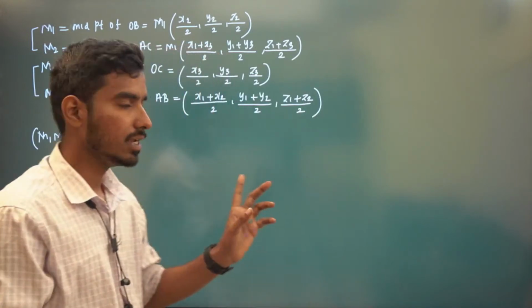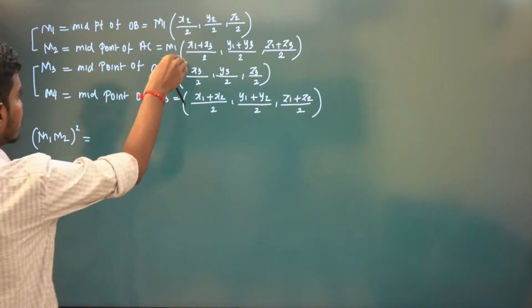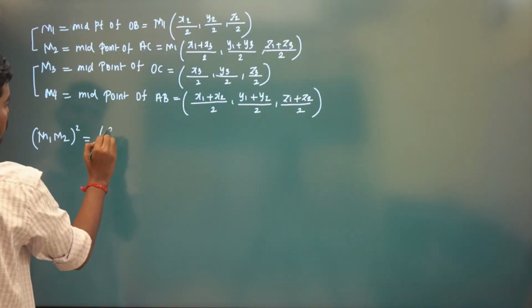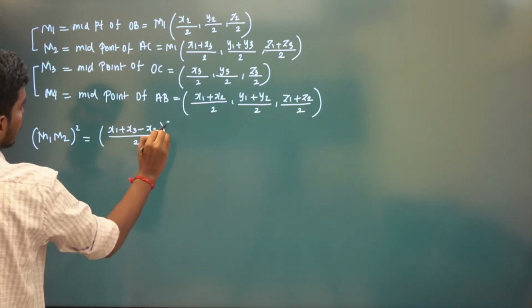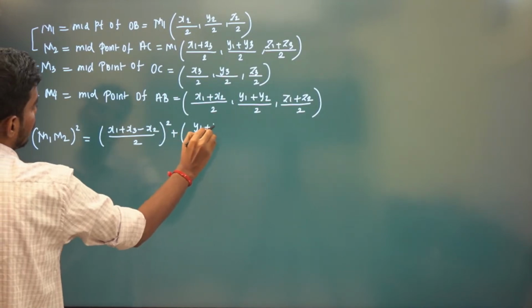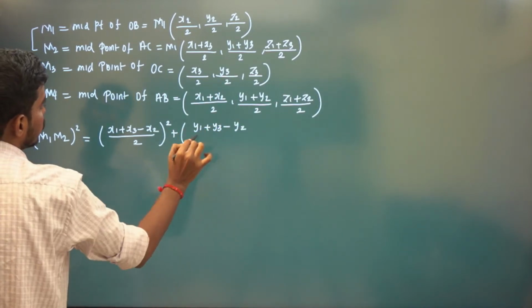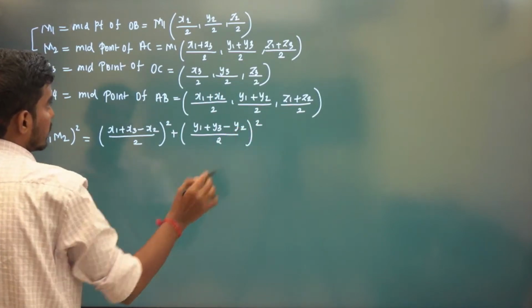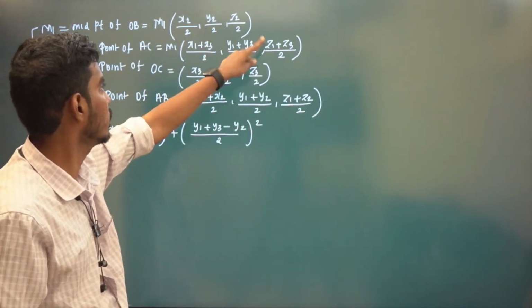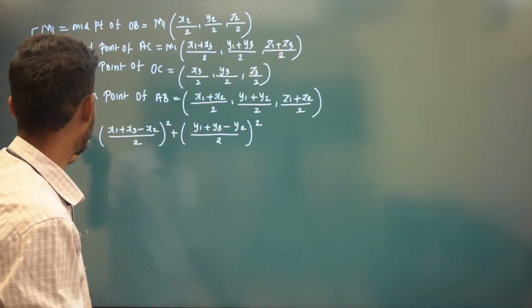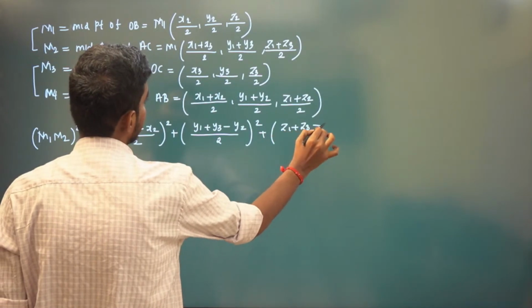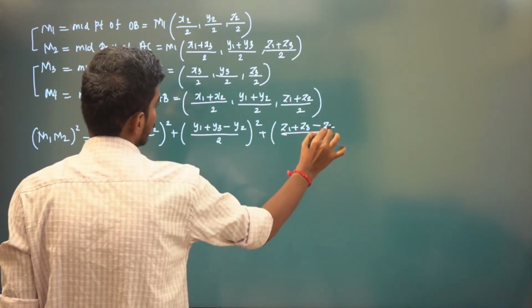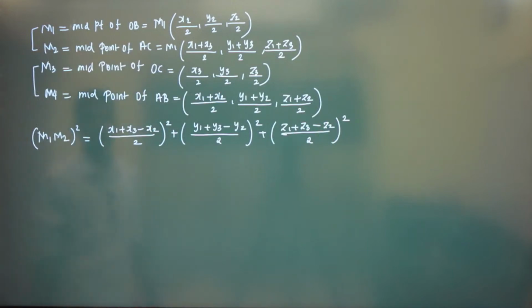I'm just squaring here so that we don't need to put the root. So M1 M2 whole square is (x1 plus x3 minus x2) by 2 whole square, plus (y1 plus y3 minus y2) by 2 whole square, plus (z1 plus z3 minus z2) by 2 whole square.